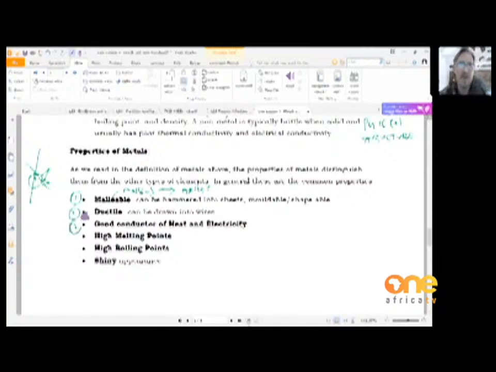Number 3 on the list of properties is that metals are good conductors of heat and electricity. We're later going to discuss why that is, but it comes down to the metallic bonding that takes place on the atomic level.